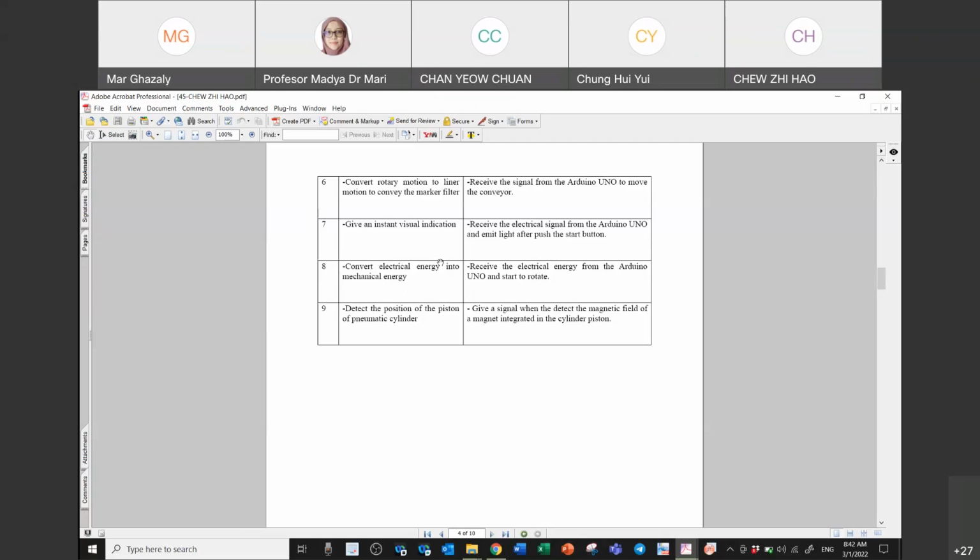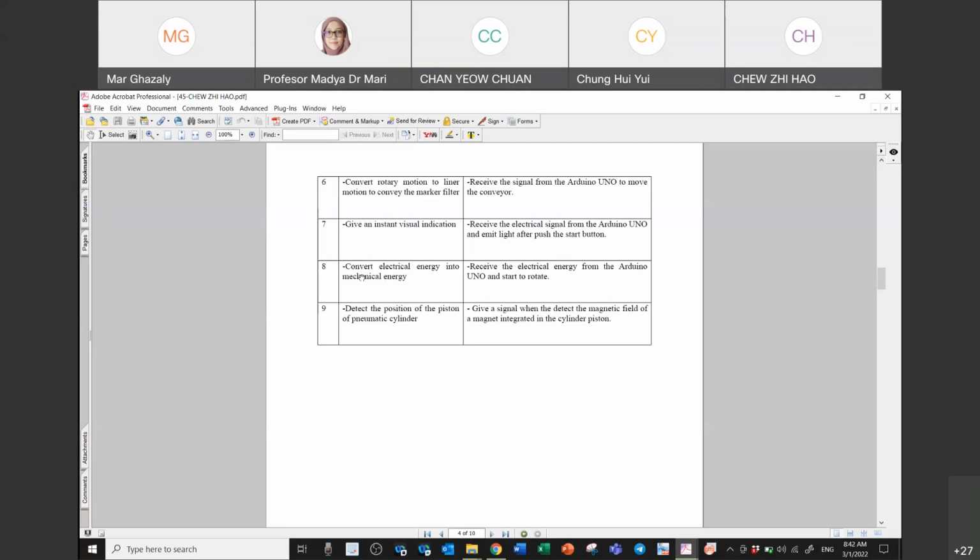If you want to talk about that, then you definitely want to have the requirement there. The requirement is, for example, to control the conveyor. Then you can explain this one. If not, it's not going to be clear. When you talk about number 8, I'm not sure which part you are talking about, so you need to be clear.